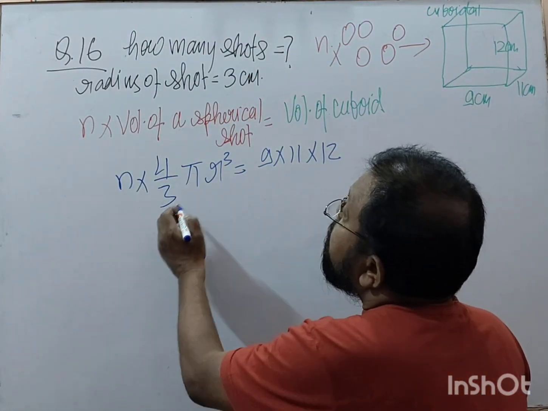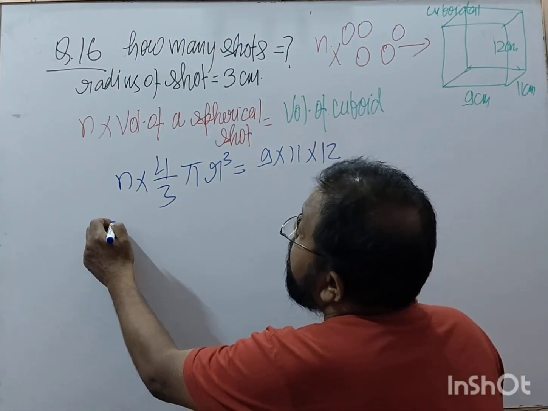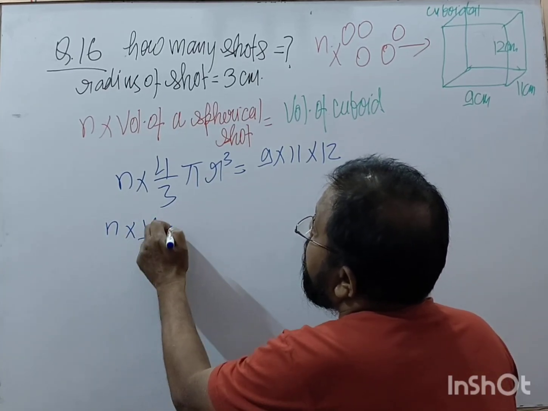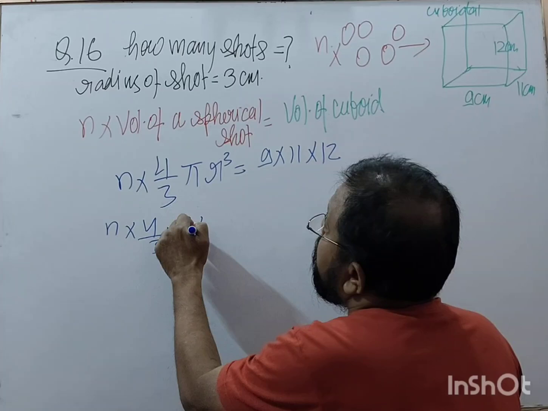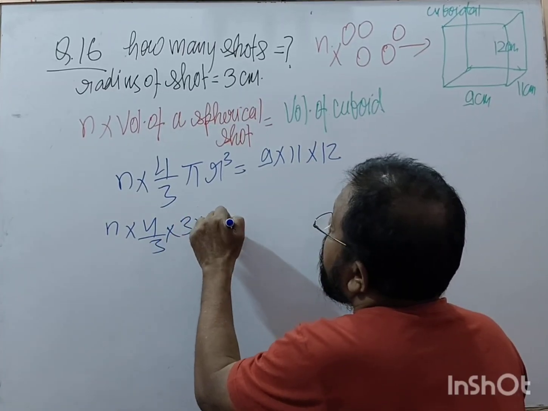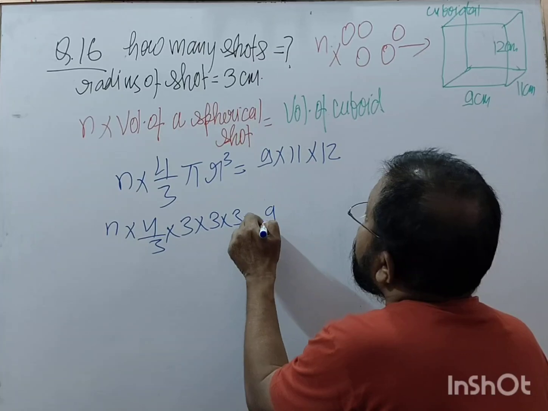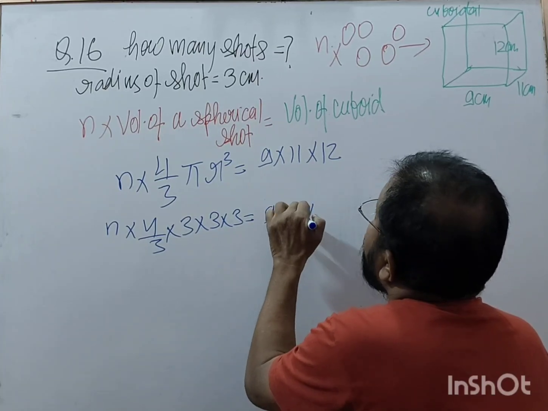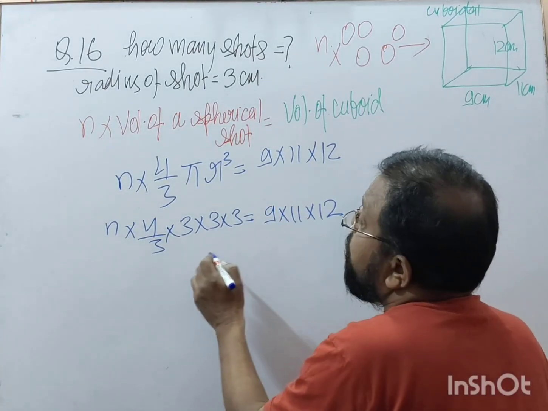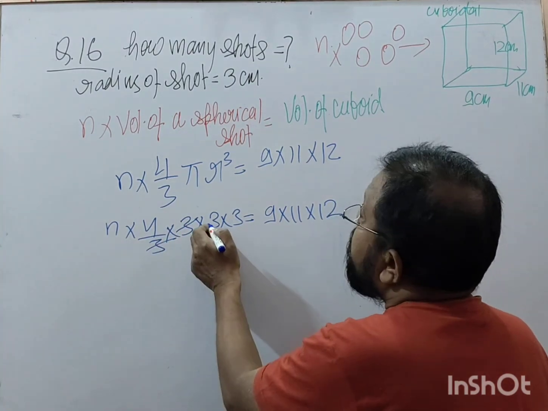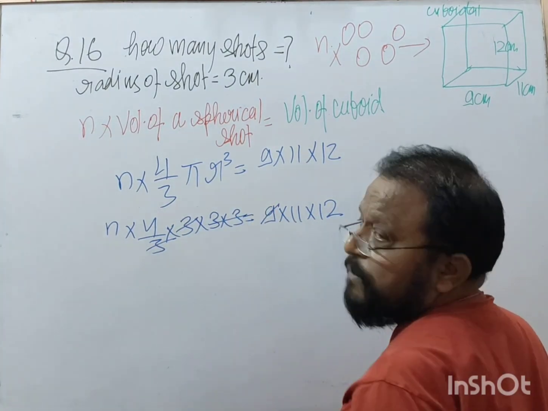So n into 4 by 3 into 3 into 3 into 3 is equal to 9 into 11 into 12. So this 3 and 3 is cancelled. 3 times 3 becomes 9.